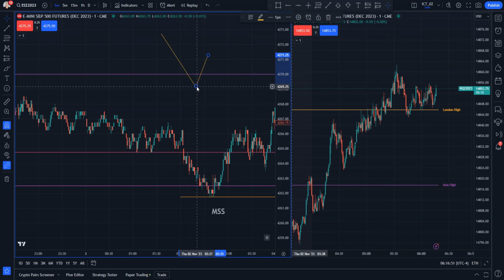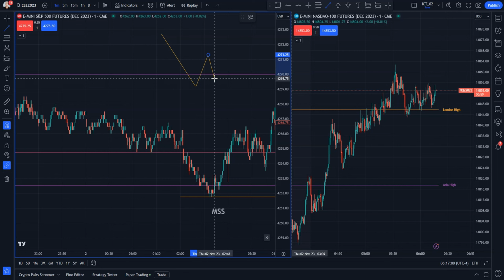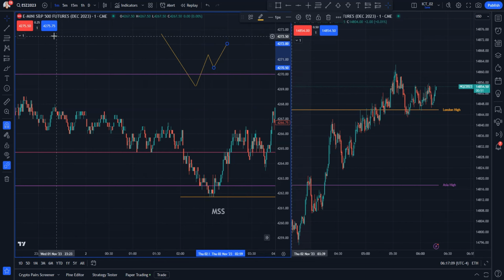That's where the market sweeps the lows of this level, and then the market moves up, moves down a bit, let's say up to here, and moves higher. So that's where the structure is shifting higher. That's a market structure shift, how I see it.